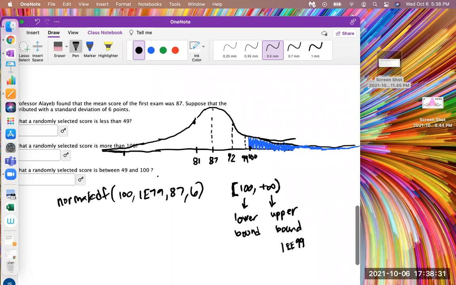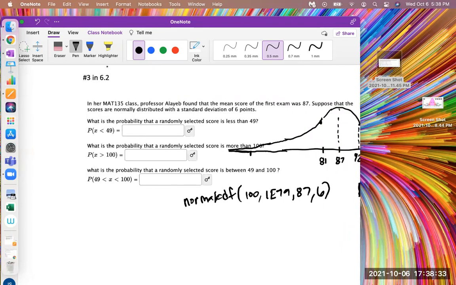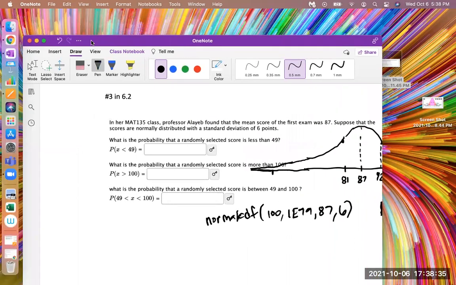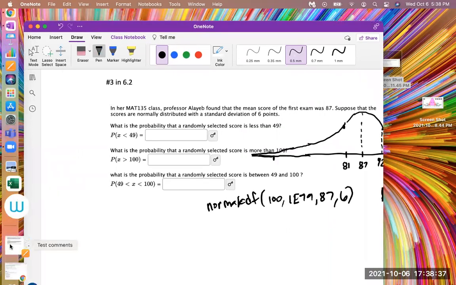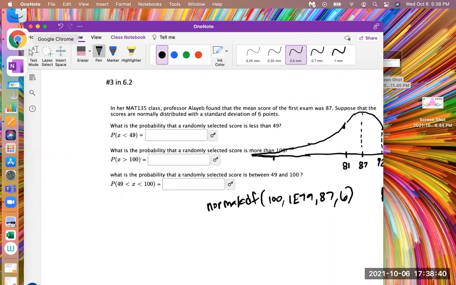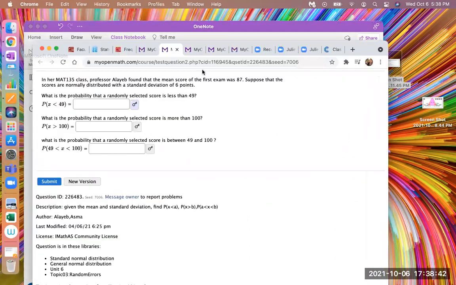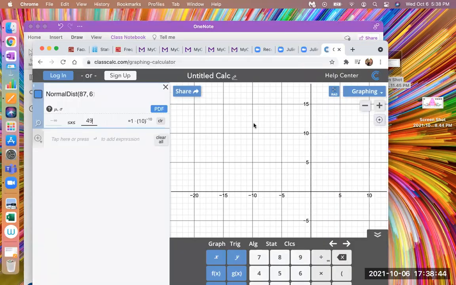Now let's see how you do it using ClassCalc. I still have the same mean and standard deviation. That makes these problems pretty easy. Okay, so then I exit out of that.